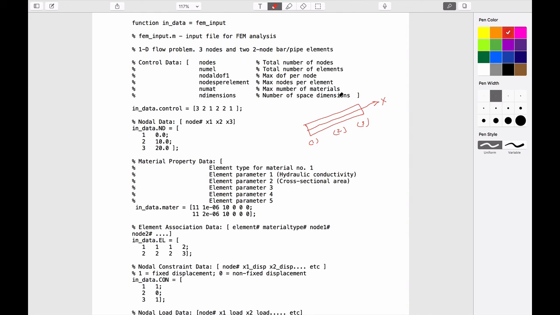So what do we know? How many nodes do we have? We have 3 nodes. How many elements do we have? We have 2 elements. How many degrees of freedom do we have at each node? We have head, which is a scalar. How many nodes per element? Well, our individual template looks like this.